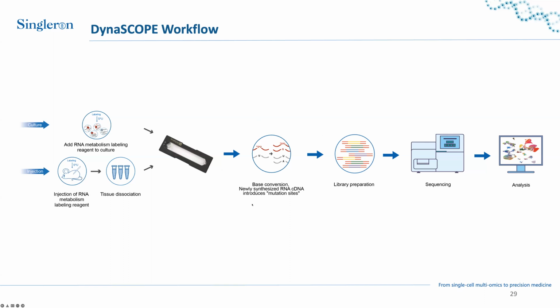Afterwards, the base conversion needs to be performed so that in the cDNA of the newly synthesized RNA, mutation sites are introduced, which can then be used, after library generation, sequencing, and analysis, to differentiate between nascent and lasting transcripts.